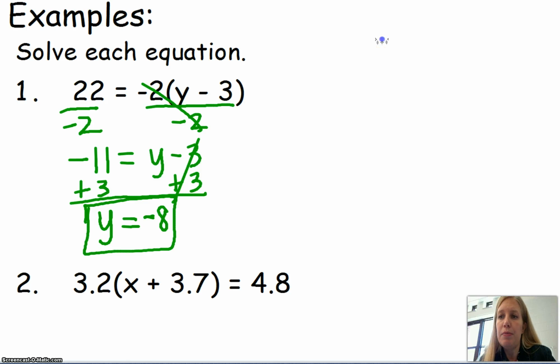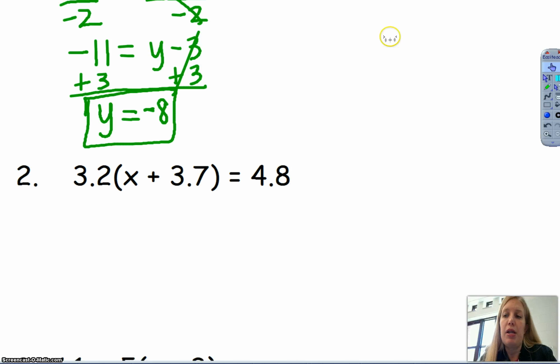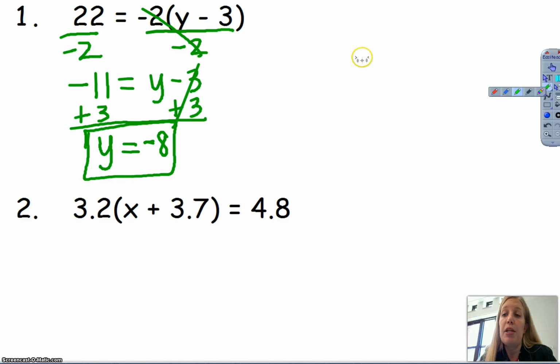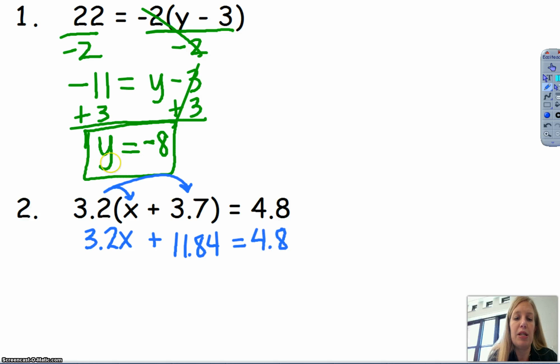All right, so the next one, number 2. I'm going to distribute this one because I don't know if 3.2 can easily go into 4.8 off the top of my head. If you want, you can use a calculator and check. But let's do the distributive to practice that way as well. So we have 3.2x plus 3.2 times 3.7 gives me 11.84 equals 4.8. Then we undo any addition or subtraction.